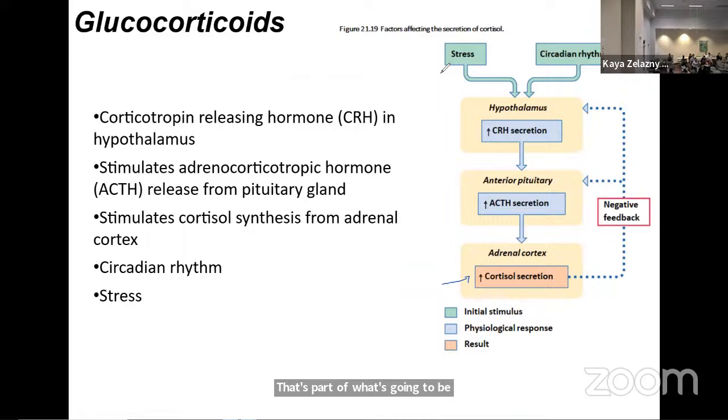Your circadian rhythm also plays a role here. So cortisol is partially supposed to be helping you regulate when you get tired and when you wake up, right? You can kind of think of waking up as being like a little burst of stress in a kind of sideways way. So circadian rhythm also affects our secretion of corticotropin releasing hormone.